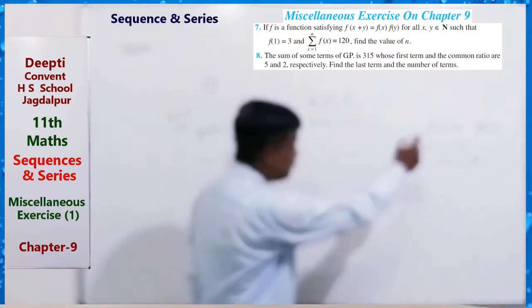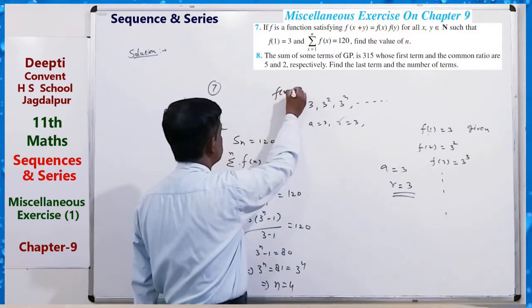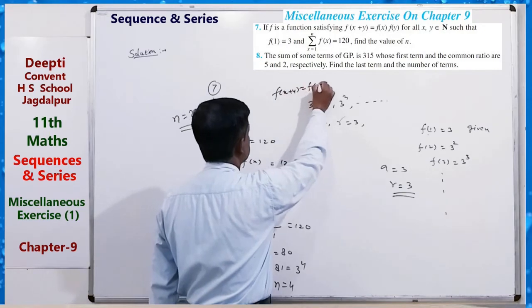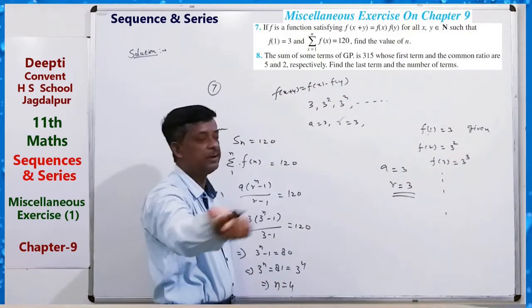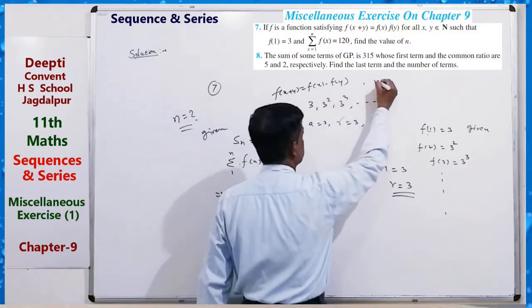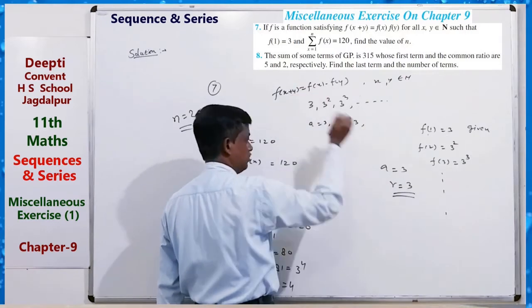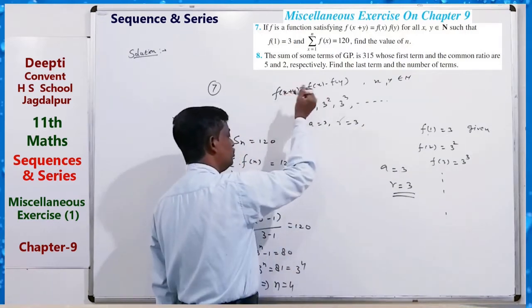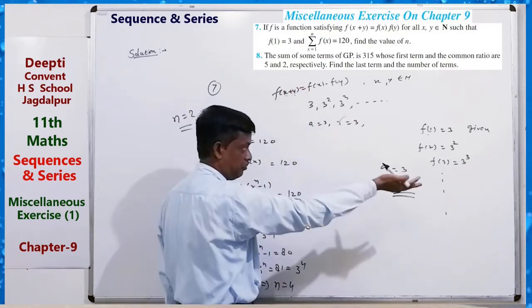From the relation F(x plus y) equals Fx into Fy, for natural numbers x, y both belonging to N: x 1, y 1 gives F2; 1, 2 gives F3; 1, 3 gives F4.